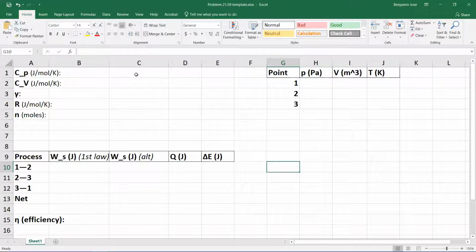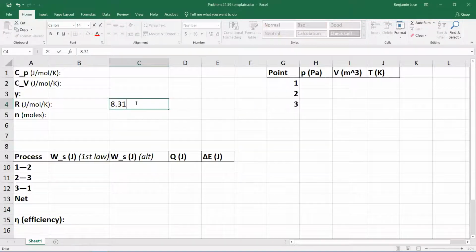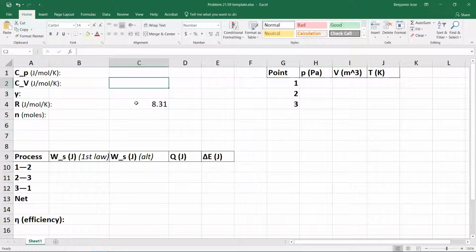Let me fill out the constants that we'll be using. We know the ideal gas constant R is 8.31 in SI units. Cv, because we're talking about a diatomic gas at typical temperatures, it's 5 degrees of freedom. So this will equal 5 times R over 2, 5 halves times R. That's that familiar number.